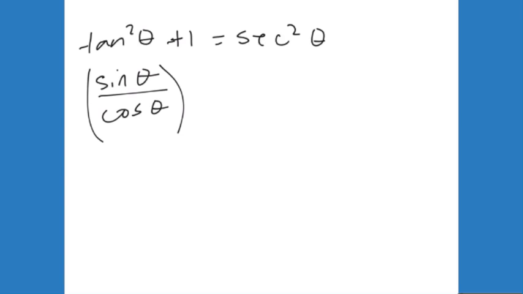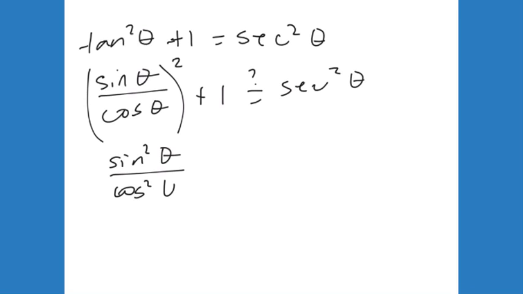Since we have tangent squared, we need to put a squared, plus 1, equals secant squared theta. Simplify, we have sine squared theta over cosine squared theta plus 1 equals secant squared theta. And then get the least common denominator.